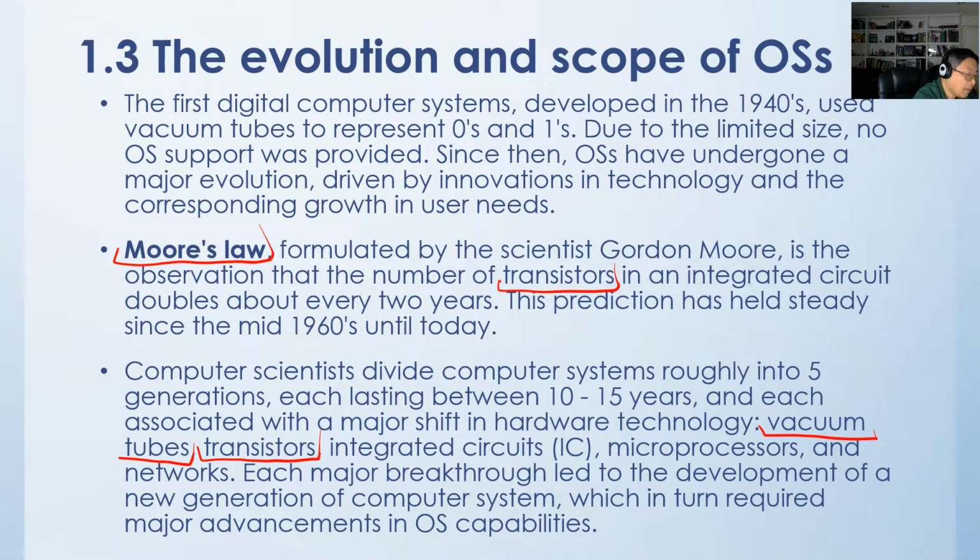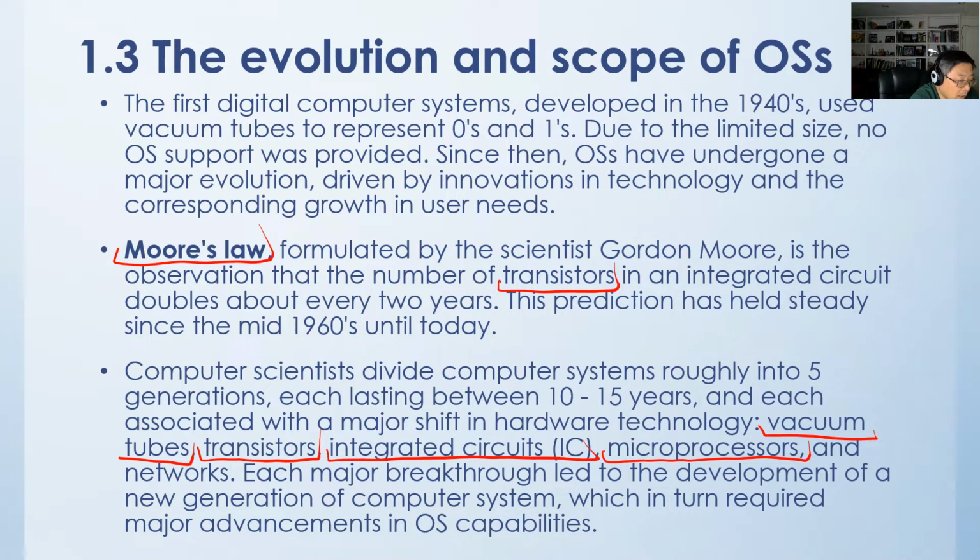And then later on, there was a new technology called the integrated circuit, which compresses a whole bunch of transistors, thousands, millions, or billions of transistors, into a small silicon wafer. So it creates a device that can perform very powerful operations. As a result, the microprocessor was created, which used integrated circuits.